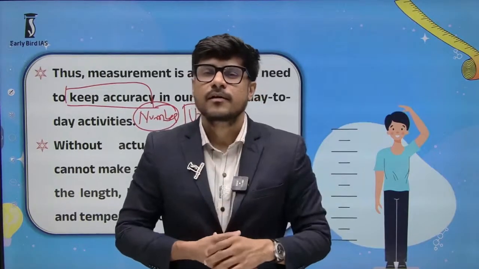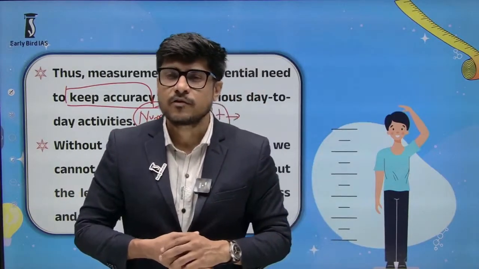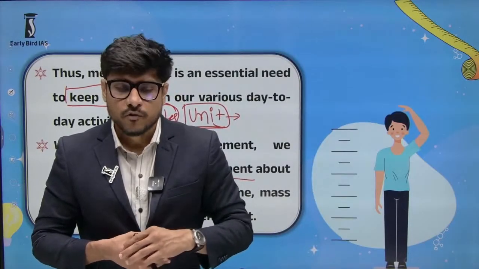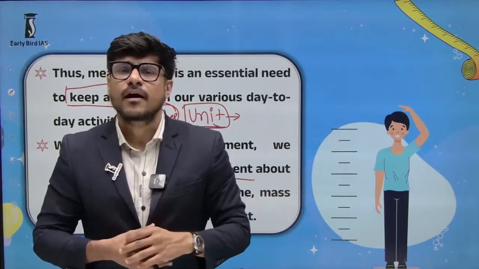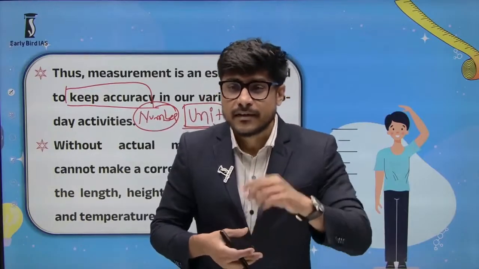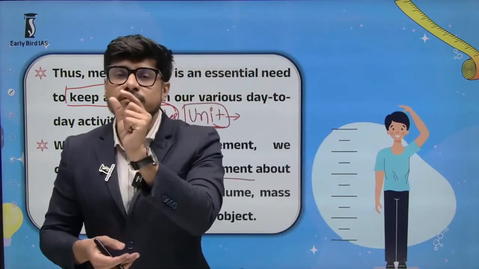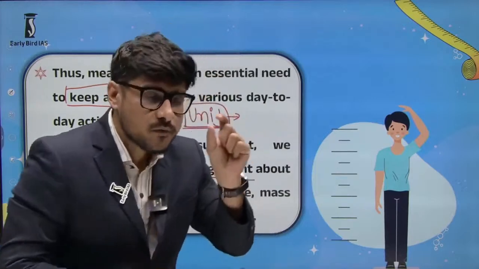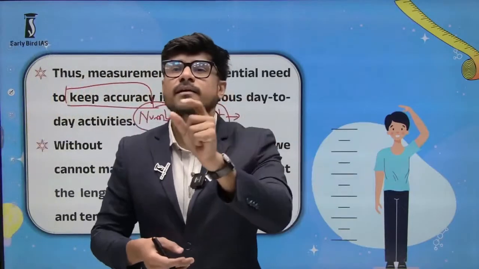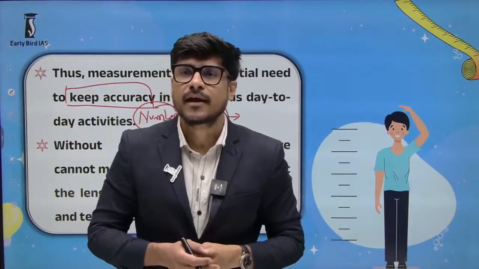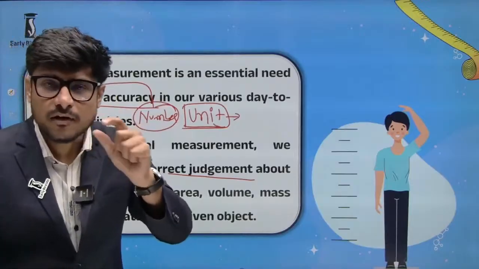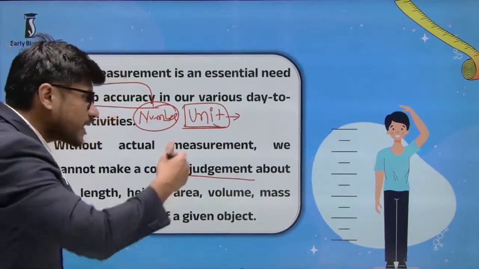When you ask the shopkeeper, you tell him, uncle, please give me 1 kg of mango juice. So that 1 kg is an important unit of measurement, because through it the conversation between you and the shopkeeper can go on. Without that unit, you cannot converse with that person.